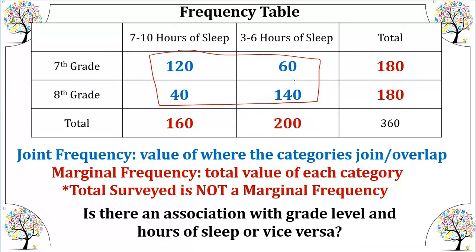These are the values where the categories, our columns and our rows, join together. The outside values, the totals, are called marginal frequencies. They're in the margins. But take note that 360, the total surveyed, is not considered a marginal frequency.